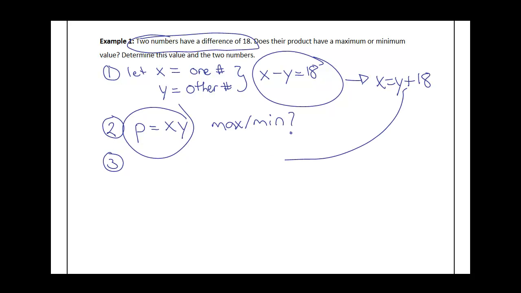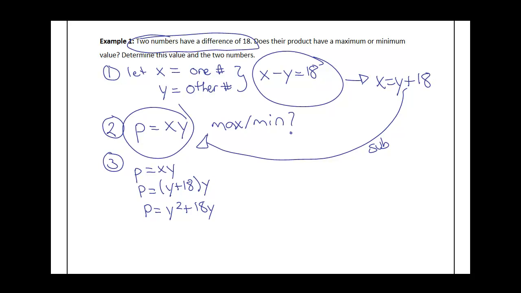We could take that and now we could substitute it into our other equation of P equals xy, so that way we have it in terms of one variable. Then we would get P equals xy, which now equals (y plus 18)y, equaling y squared plus 18y. And that now is a quadratic function.